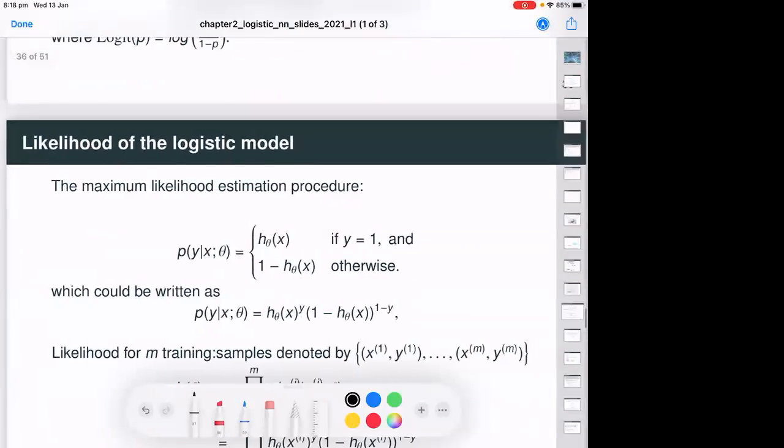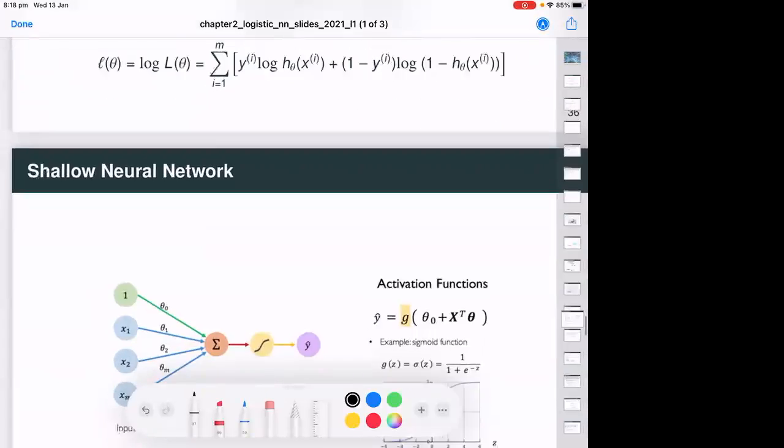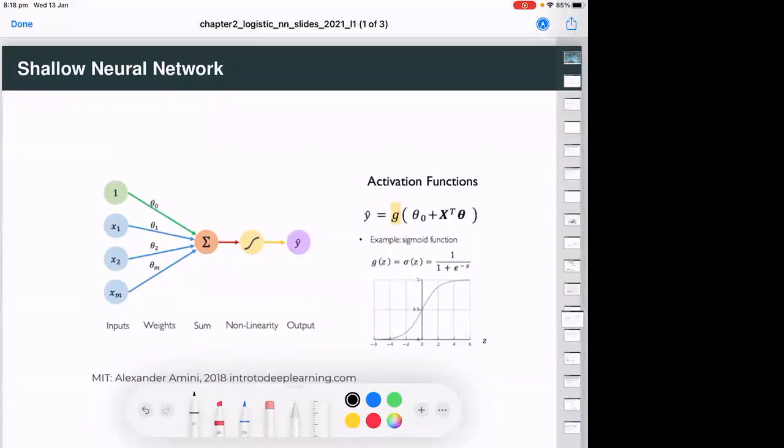I try to find some place to write. So what I've done: the probability of y equal 1 given some features is given by my sigmoid, which is 1 divided by 1 plus exponential of minus theta transpose x.